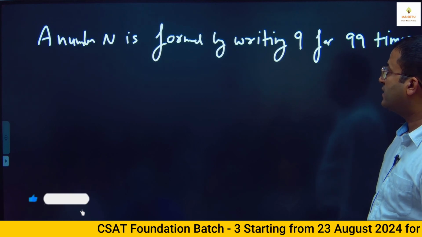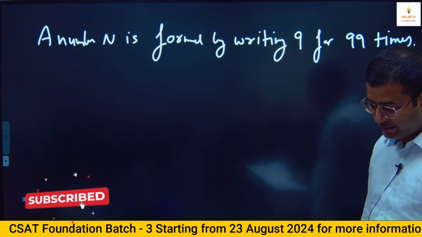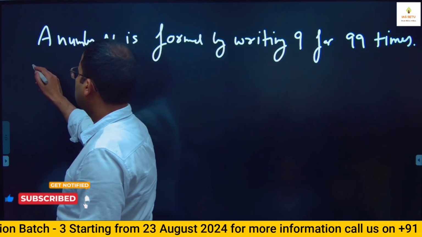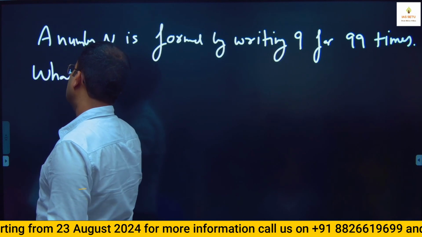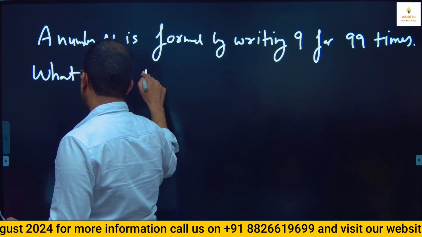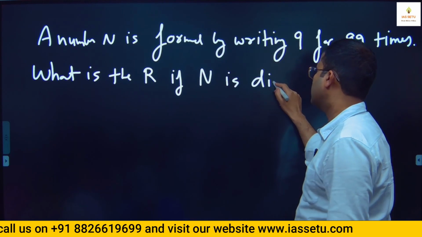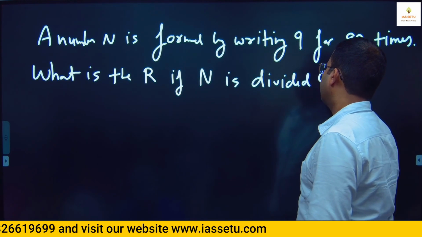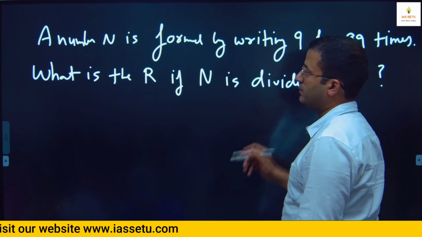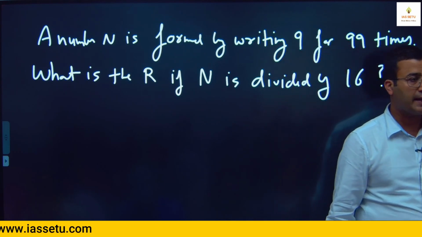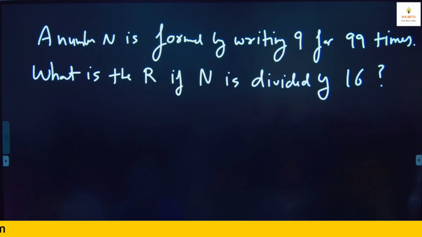A number n is formed by writing 9 for 99 times. What is the remainder if n is divided by 16?